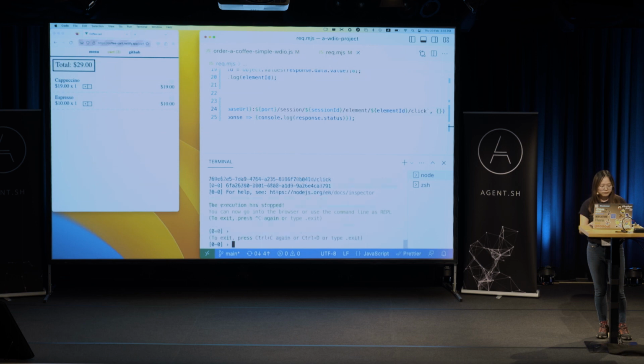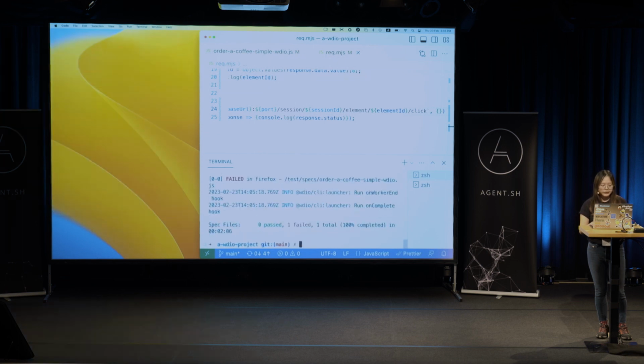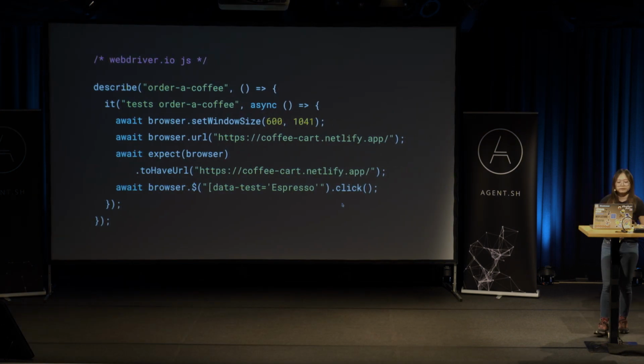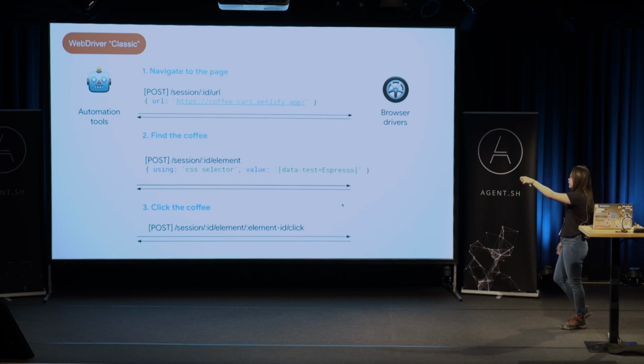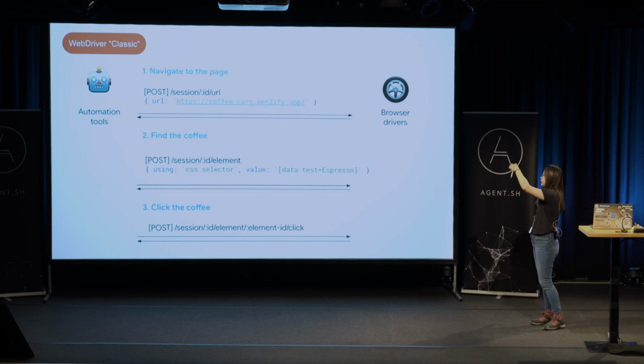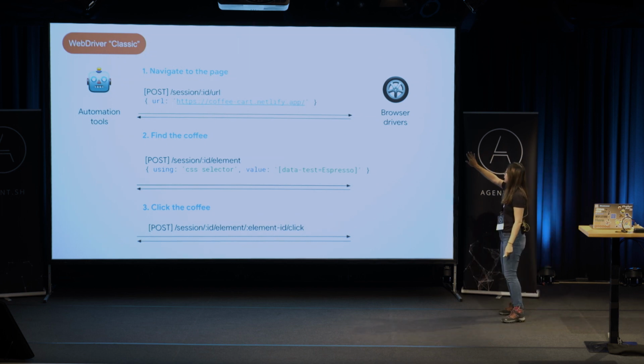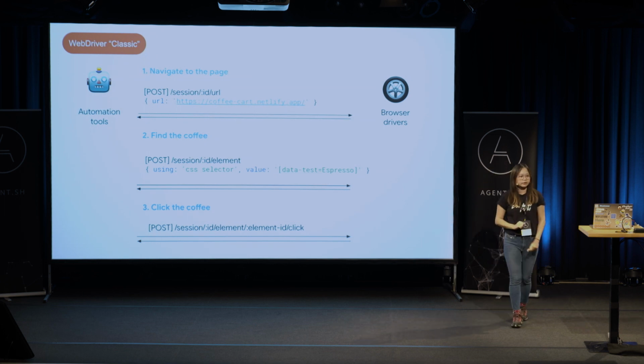Okay, let me just stop it. So to recap, this is how it works: navigate to the page, find the coffee, and click the coffee. Usually, after the browser driver talks to the browser, it returns the response to the testing tools.